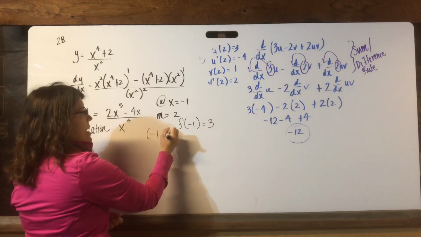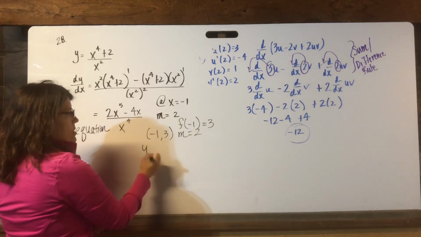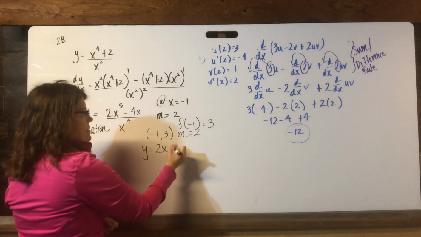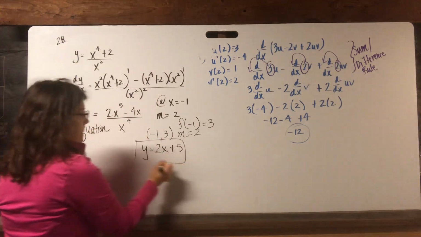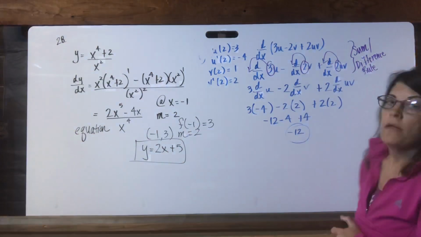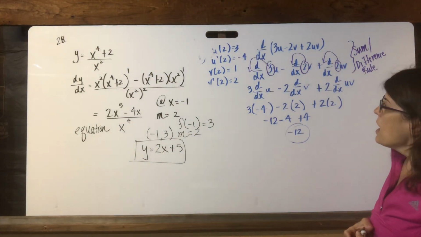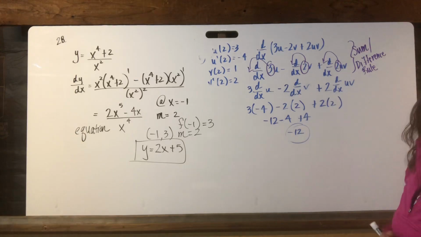The point is -1, 3. The slope is 2, and you get 2x plus 5. There you have it, the product quotient rule with a little bit of the sum difference rule for fun.